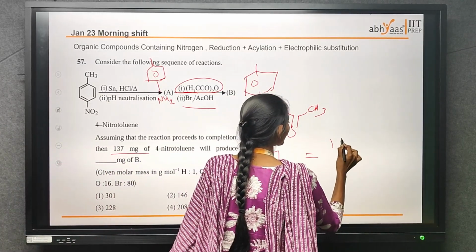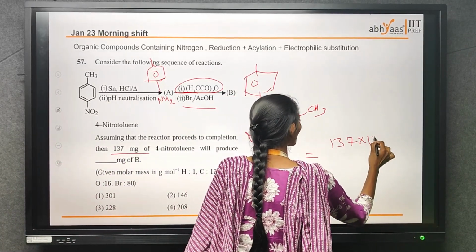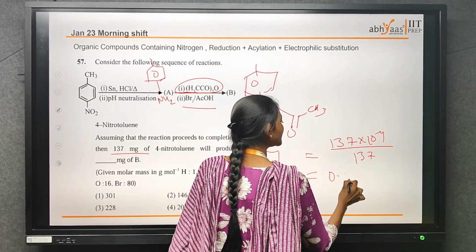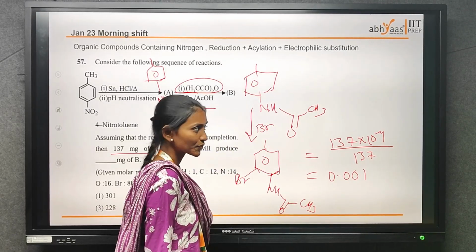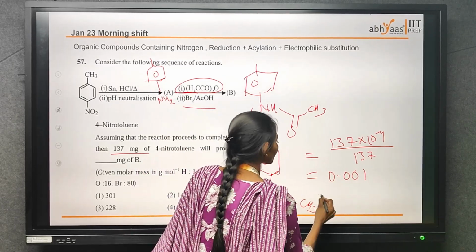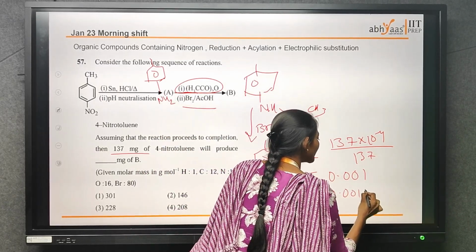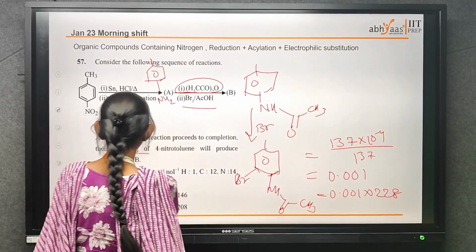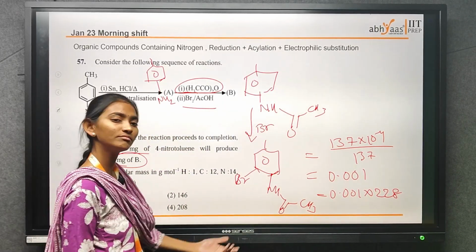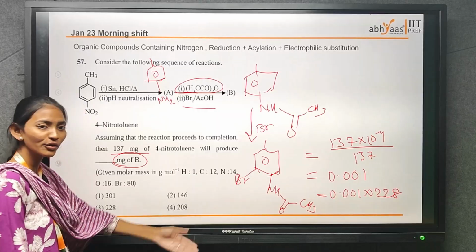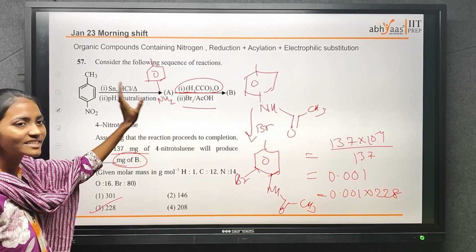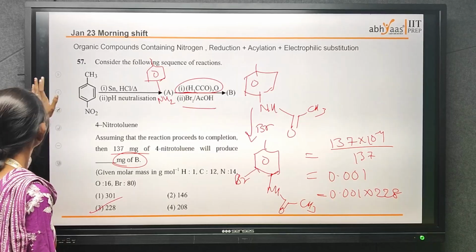So here 137 into 10 to the power of minus 4 by 137, you are getting 0.001 mole. When you are treating with this, 0.001 into 228 milligrams. They are asking in milligrams, so you convert into milligrams, right? So upon doing the calculation you will get answer 3. You need to understand the reagents, then you will get your answer.